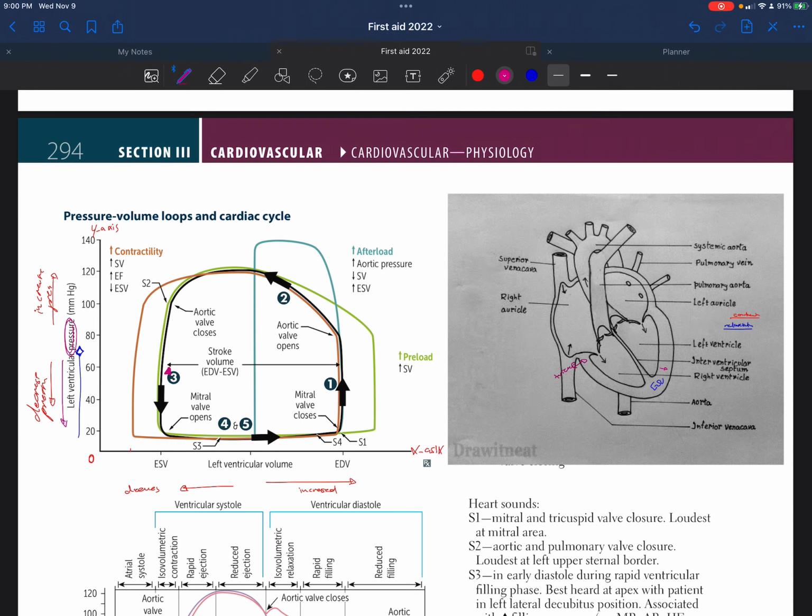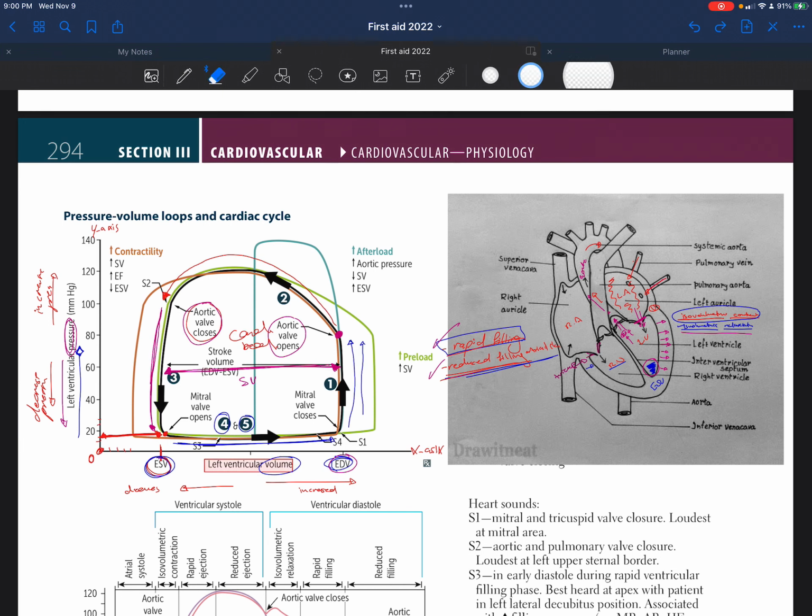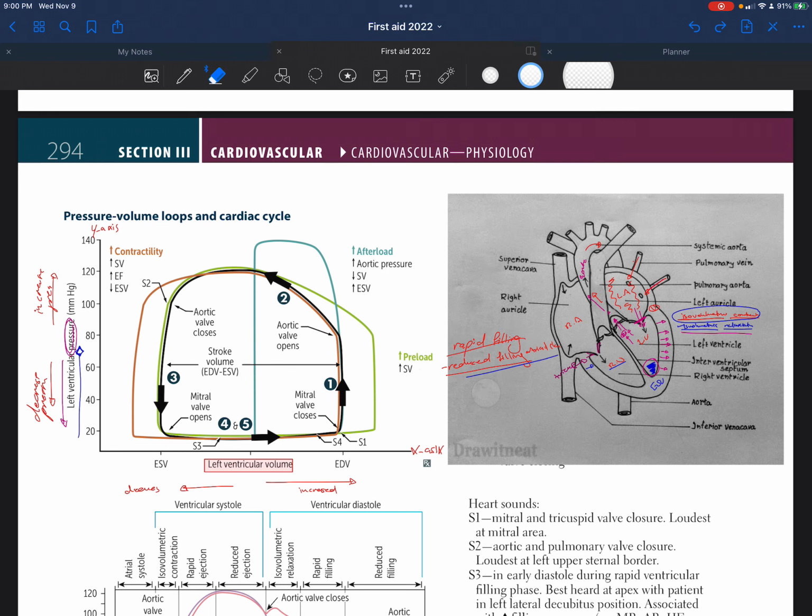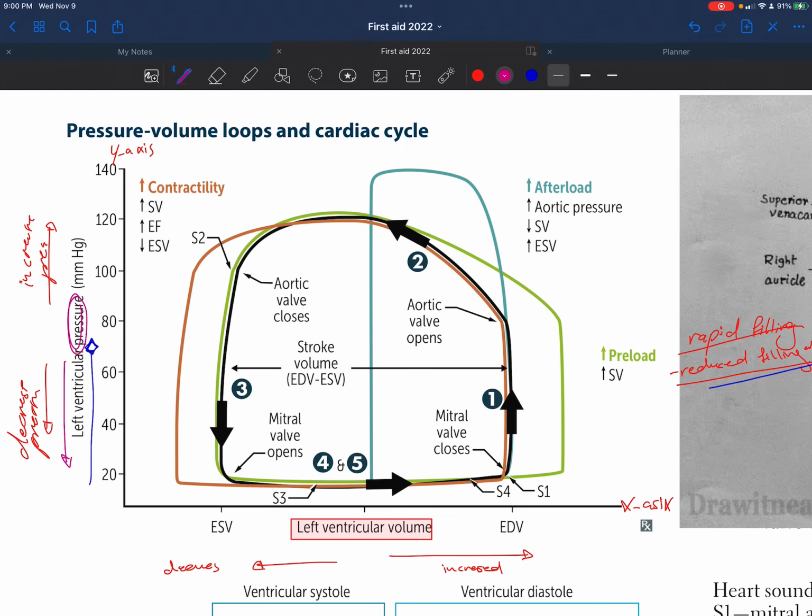Let me clear up all this mess. Okay. So now what happens with this brown color?